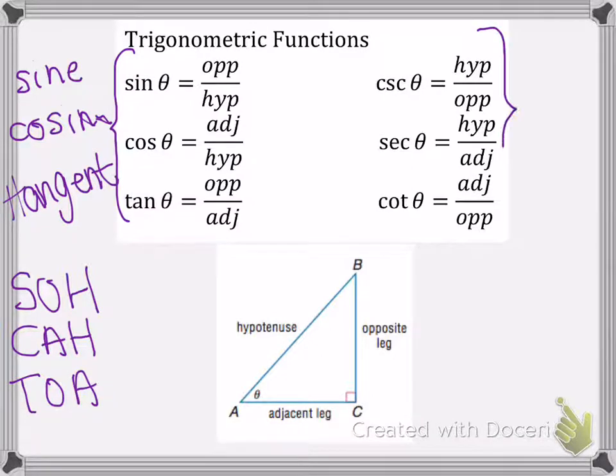Now the three on the right are three new trig functions. We have cosecant, secant, and cotangent.